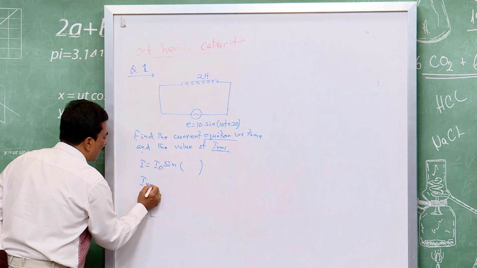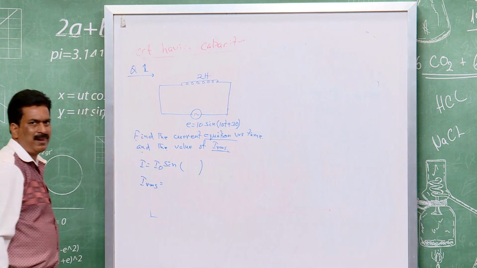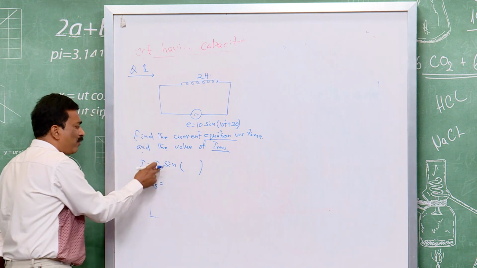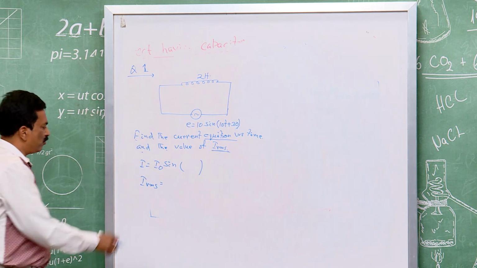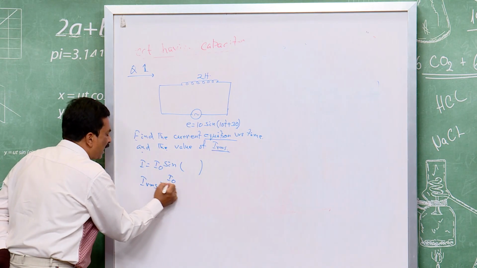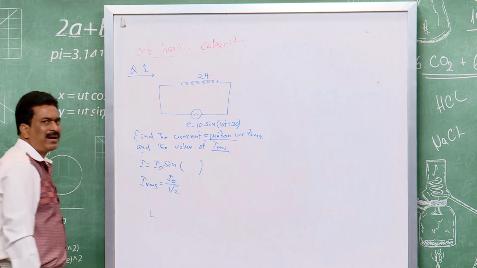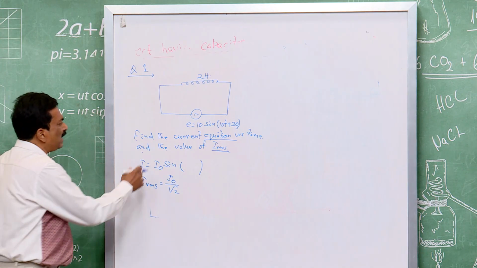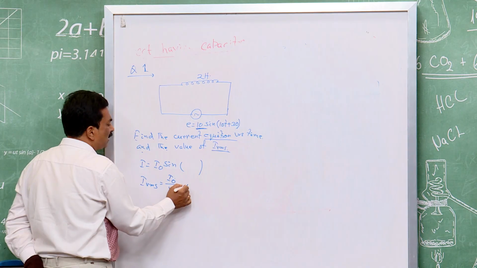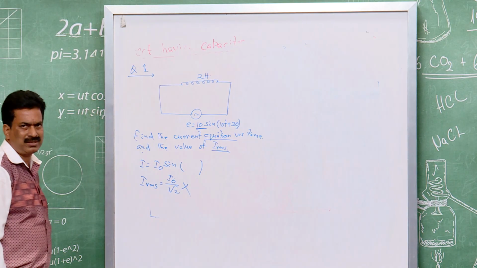So, kindly go through the question, what is being given and what is being asked. When the IRMS is there, you generally know that IRMS equals I0 by root 2. So, generally you will put I0 equal to this one by root 2, and that will give you the wrong answer.